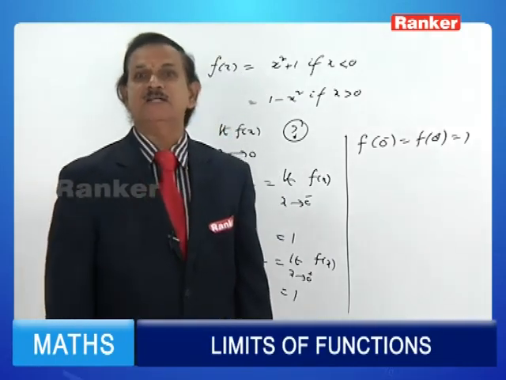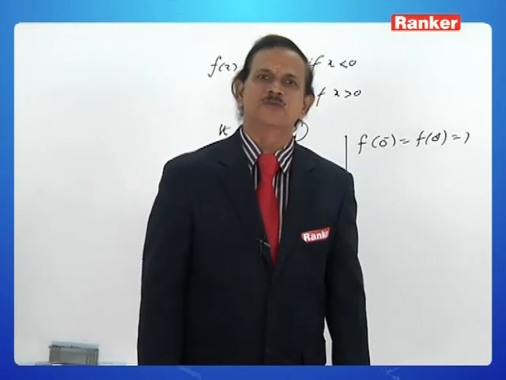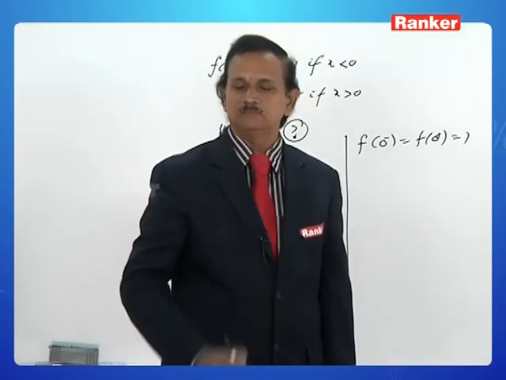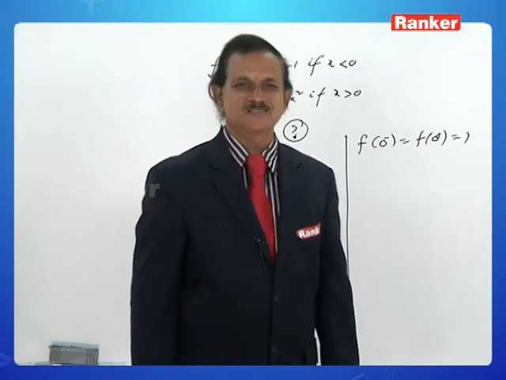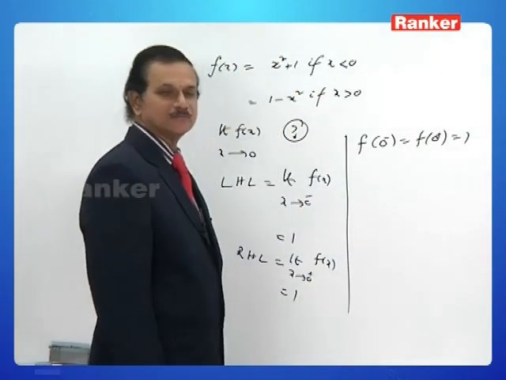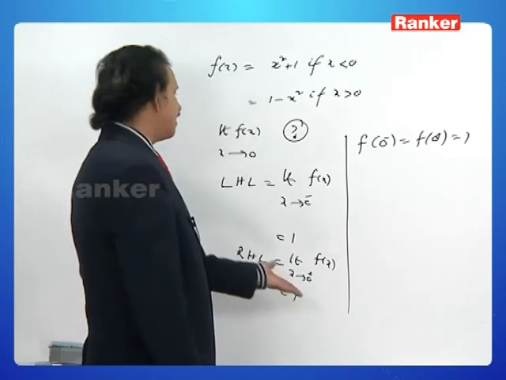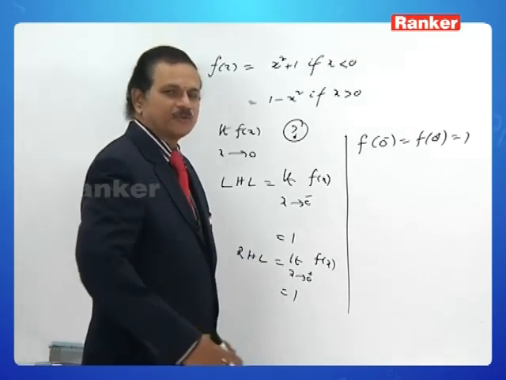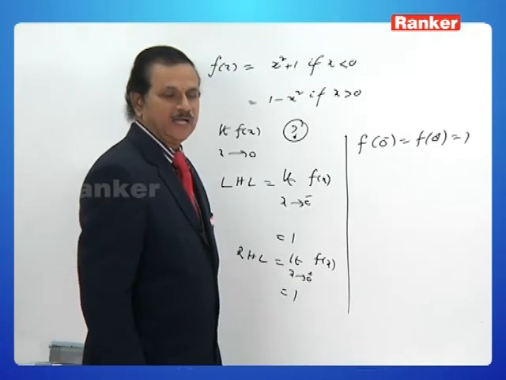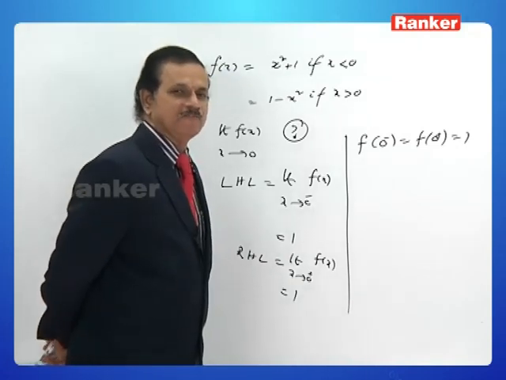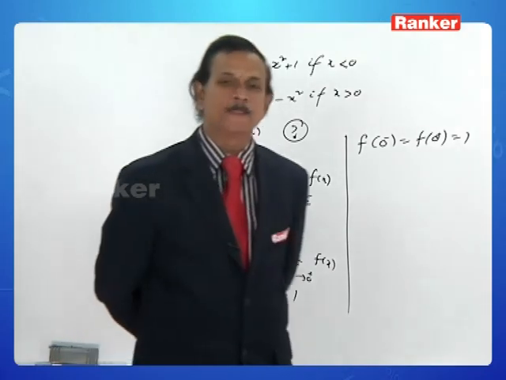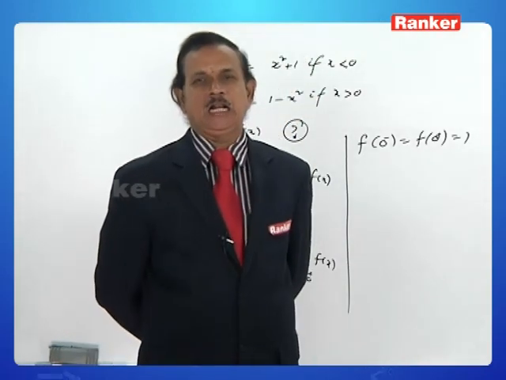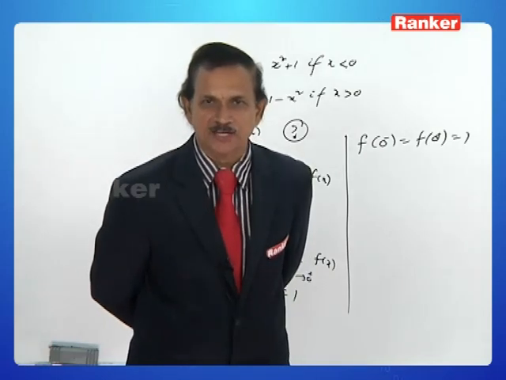Astonishing. The function f is not defined at x equal to 0. Even then, limit of f of x as x tends to 0 exists and is equal to 1. This example makes us recall that existence of limit of f of x as x tends to a is purely immaterial about the definition of f of a.